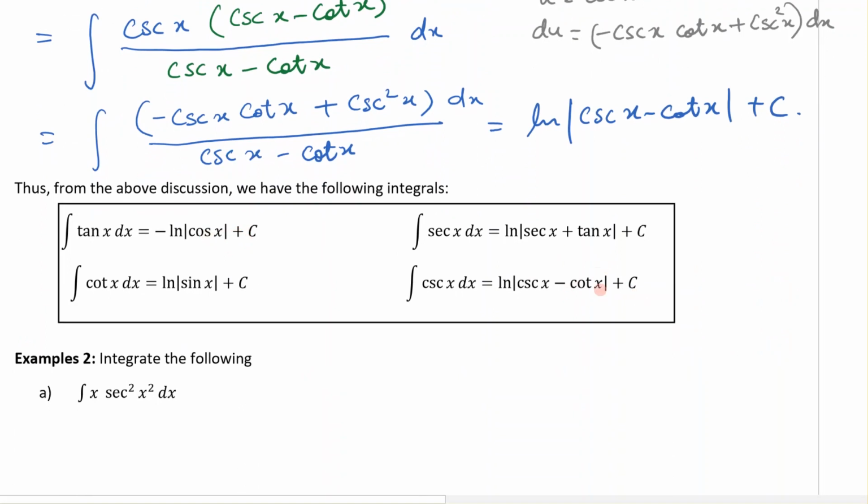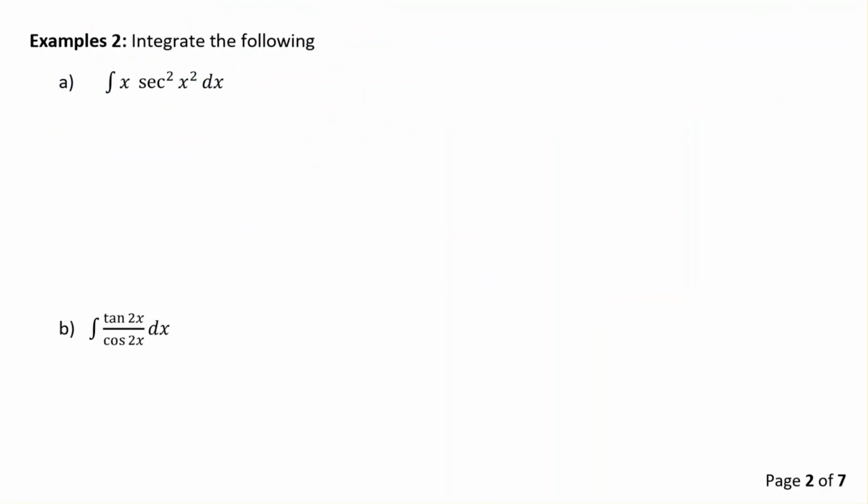Now we're going to solve some example problems using all these trigonometric forms. In the first example, we have x times secant square x squared dx, and the angle is x squared, and we notice that we can make the derivative outside.